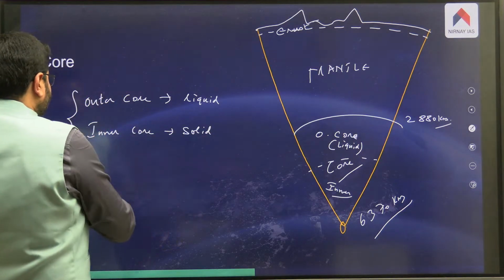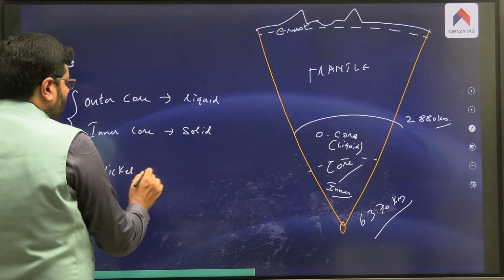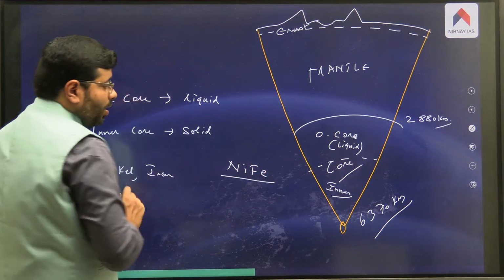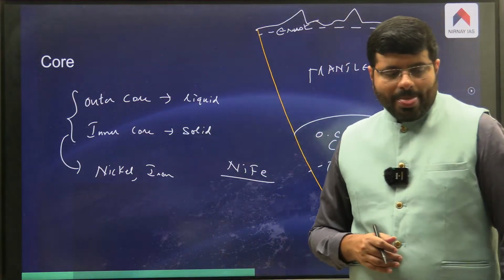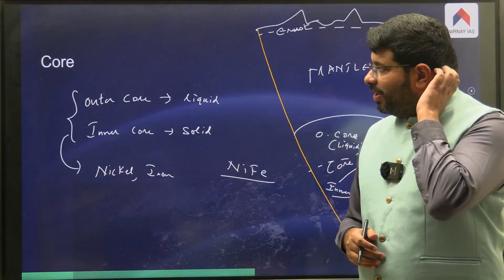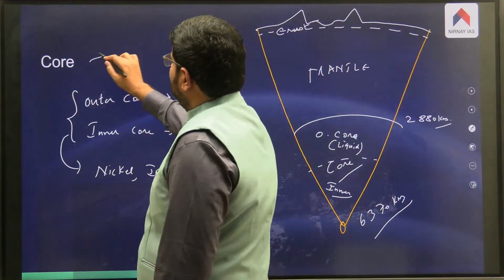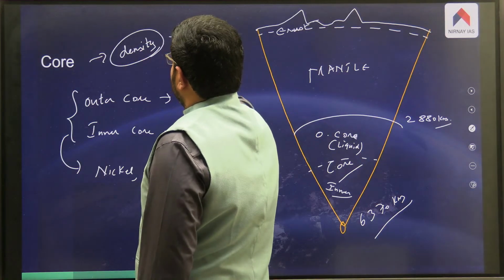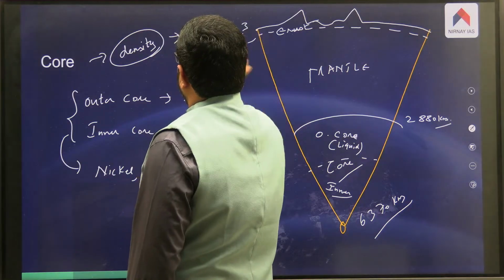Both comprise materials like nickel and iron. That's why we call it the NiFe layer, nickel and ferrous. And the core's density also tends to increase until 13 grams per centimeter cube.